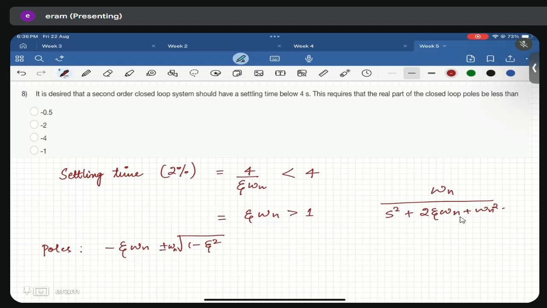Now we have to find out, to achieve this, what should be the real part of the closed loop poles? For an underdamped system we are considering, the real part is minus zeta omega n.